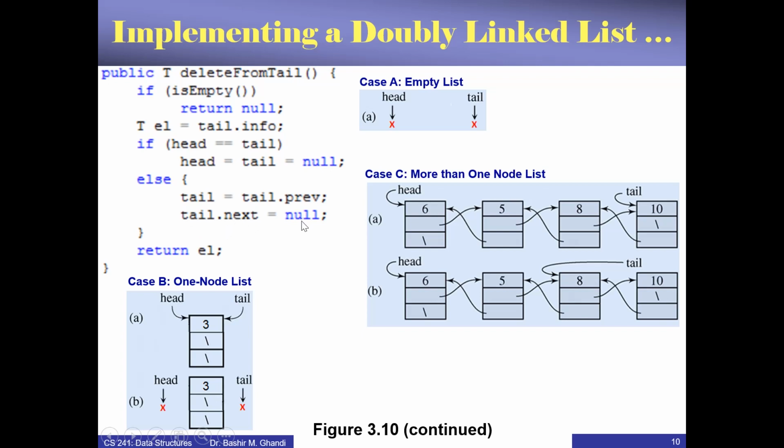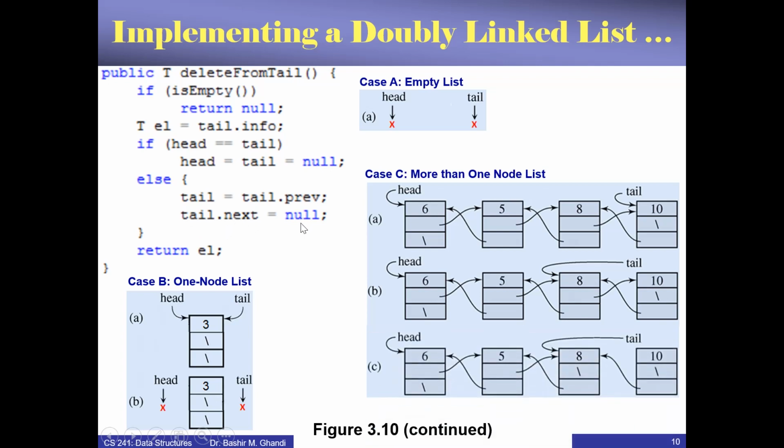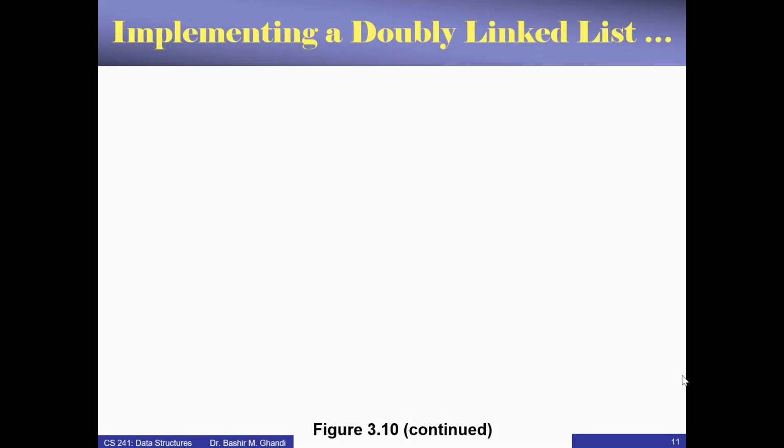Tail.next becomes null. If you do that, null will be put in that variable, and that means this object has no reference, so it will automatically be deleted, and that will result in our list now containing only 3 nodes, with the last node being deleted. This is basically how delete from tail will work.